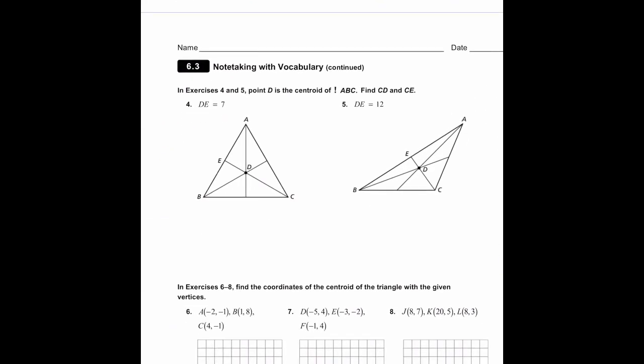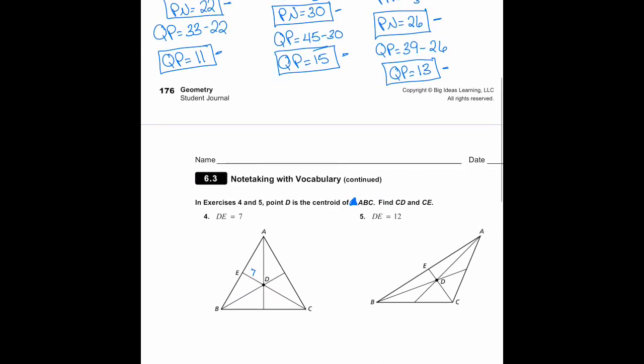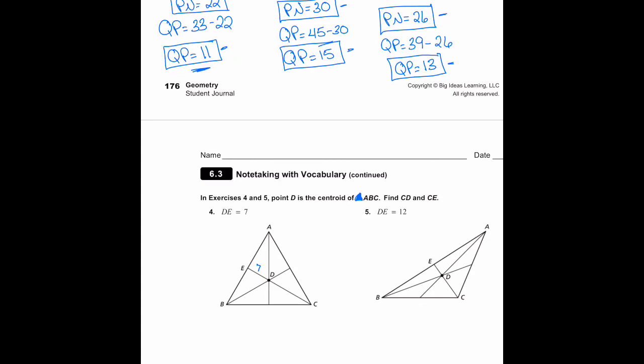Point D in this case is the centroid of triangle ABC. They want us to find CD and CE. In this case, they're telling us that DE is 7. That's that short part there. If the short part is 7, and the short part is always half of the long part, then the long part has to be 14.